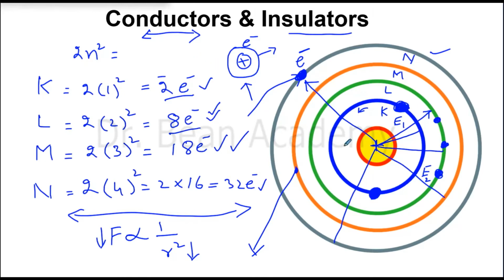A good conductor will be a material where the valence electrons' outermost shell or orbit is not completely filled, and it could be as far away from the nucleus as possible, for example, the second or third or fourth orbit, it depends.